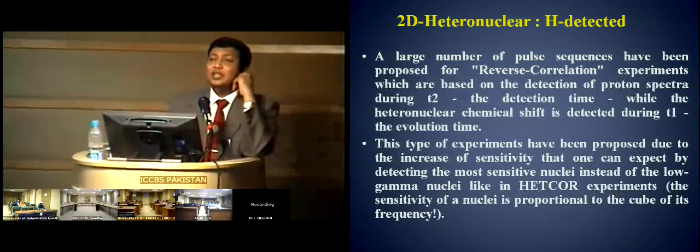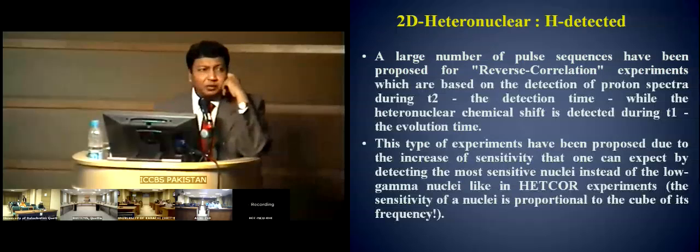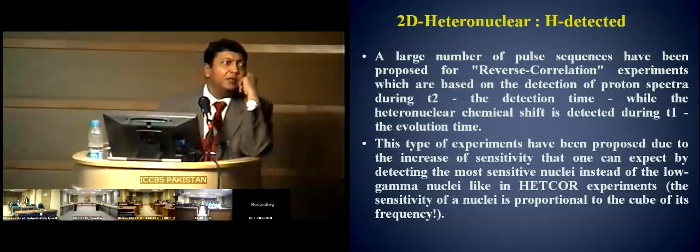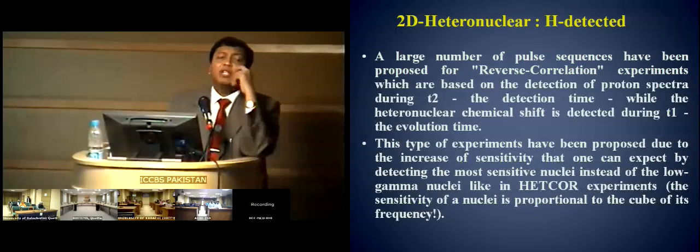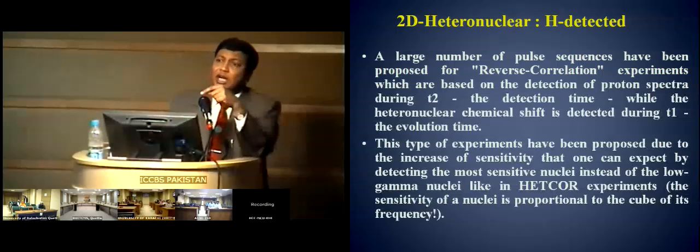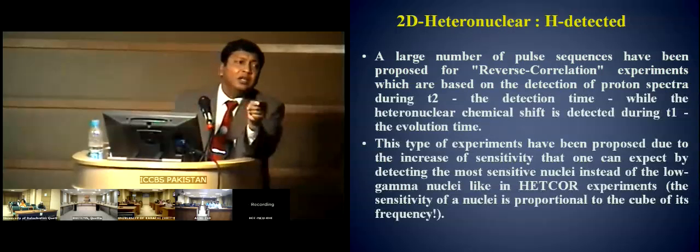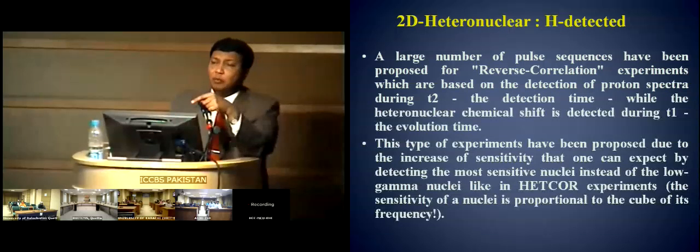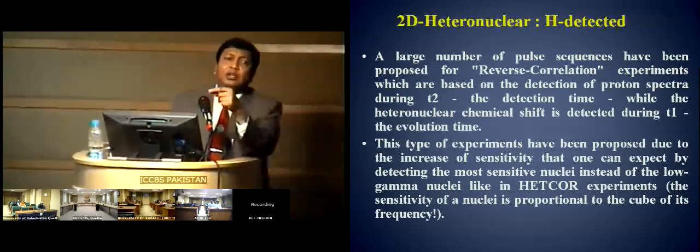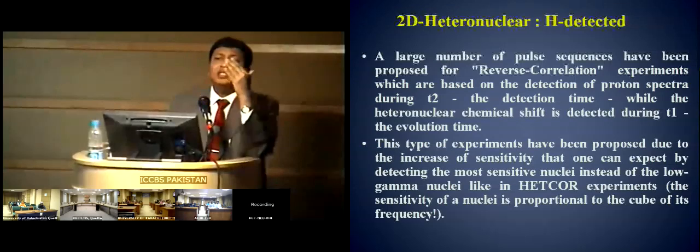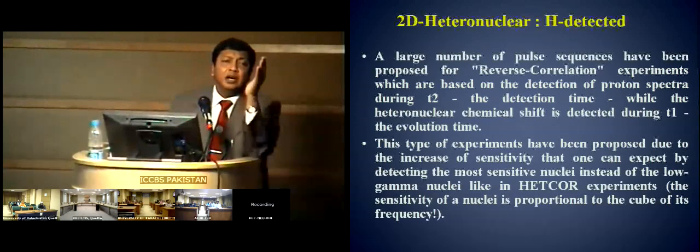And since you're detecting proton, it is a proton NMR spectroscopy. By the same account, you labeled proton with the carbon, and you got the information of carbon encoded on proton. Remember, this coherence transfer and polarization transfer is a very simple understanding.